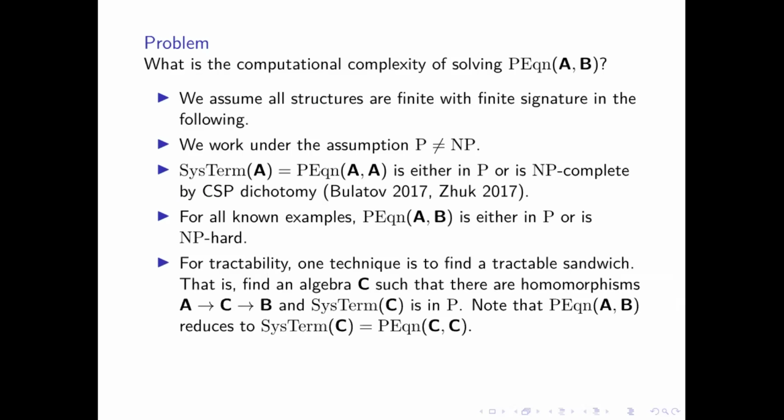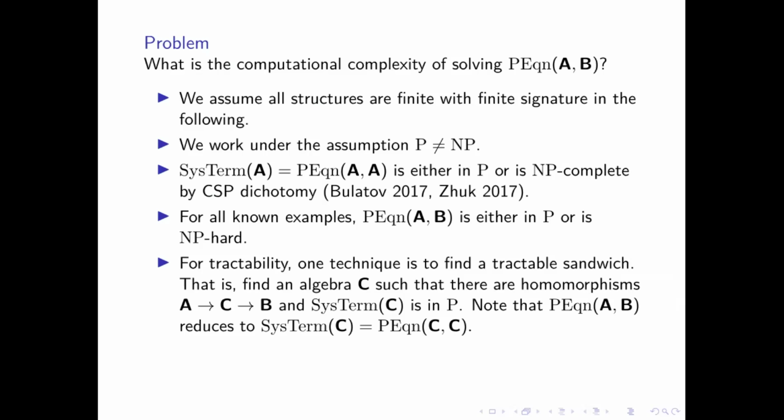For the tractability part, you can appeal to the previous theory on CSPs or systems of term equations to get tractability for a promise system of equations. The way you do that is what's called a sandwich.